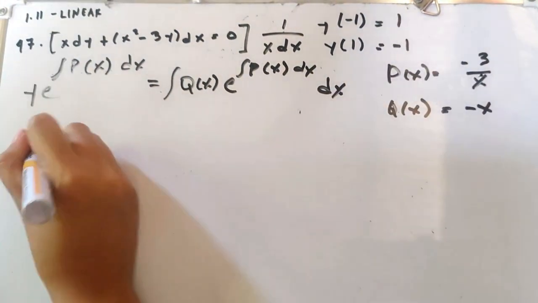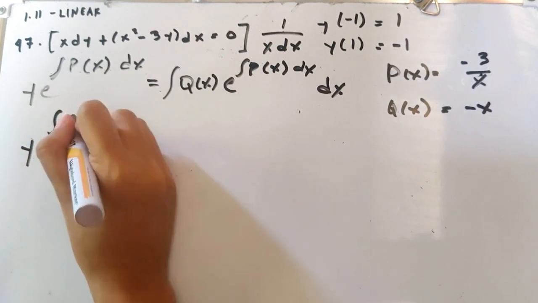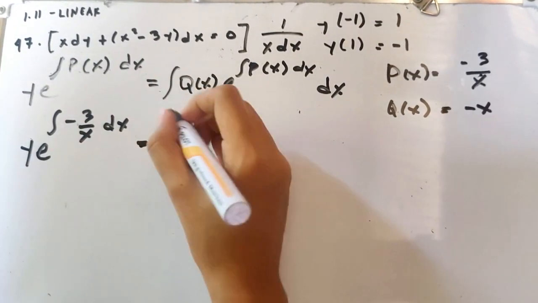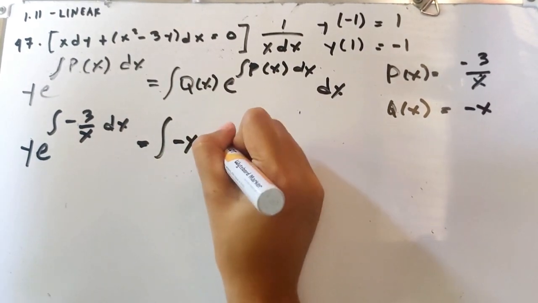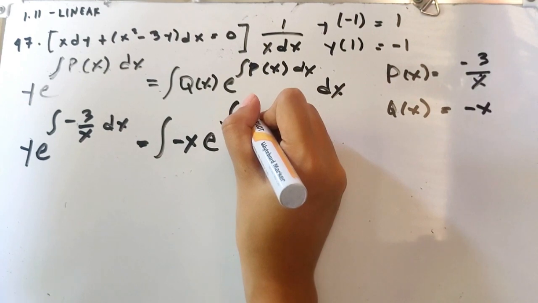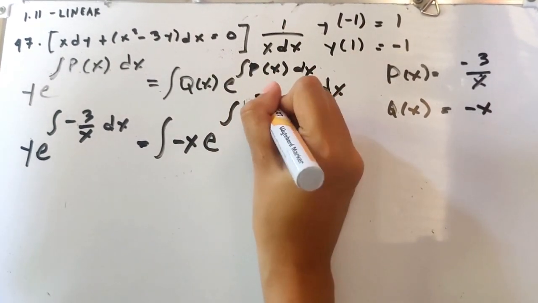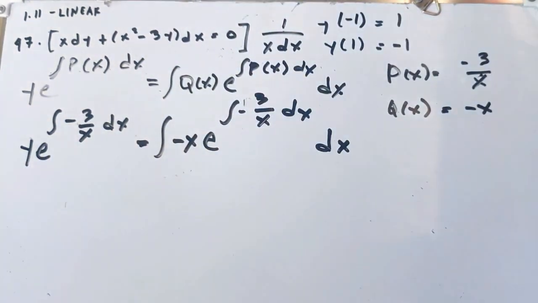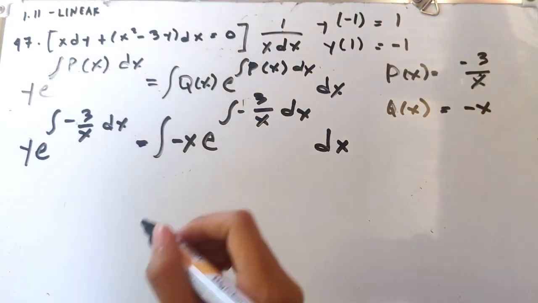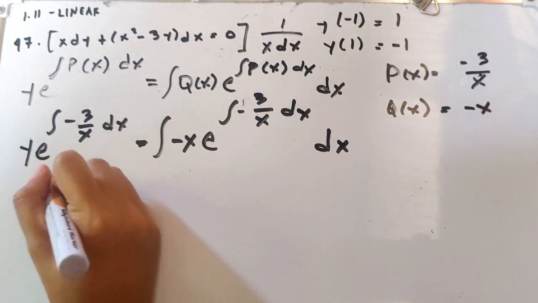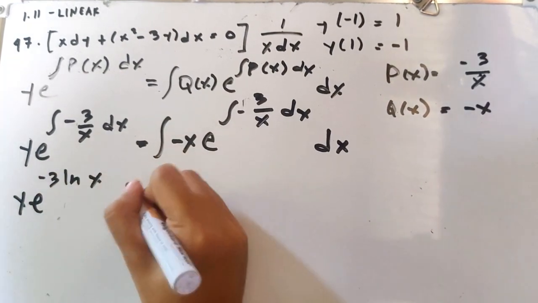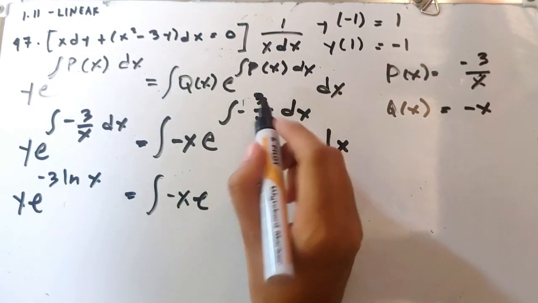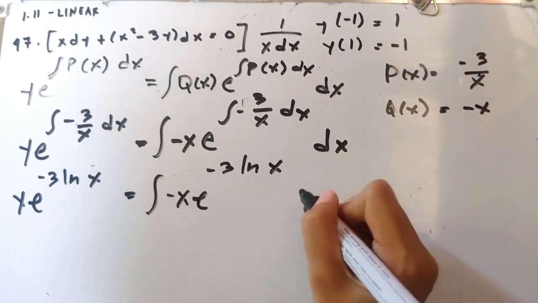So y e raised to the integral of negative 3 over x dx is equal to the integral of our q of x, which is negative x, e raised to the integral of p of x, our p of x is negative 3 over x dx. The integral of negative 3 over x dx is negative 3 ln of x.